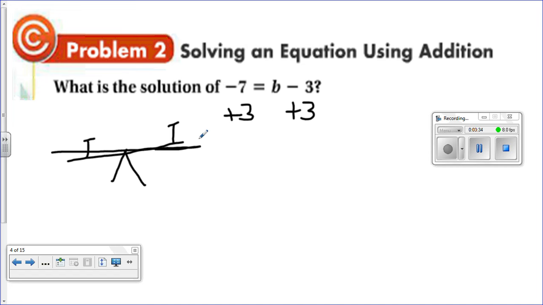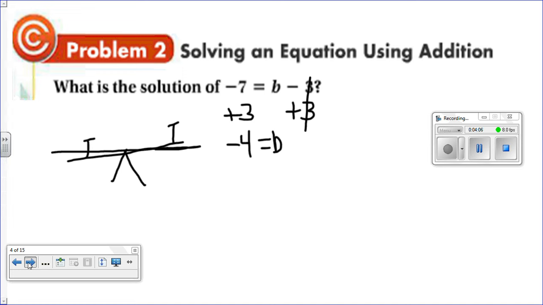And so any force you put on one side, you have to put force on the other side, or whatever weight you put on one side, you have to put the same weight on the other side to stay level. If not, it's not equal on both sides. Same thing here. The equal sign is the fulcrum right here, and it's the middle point. And so anything you do to one side, you have to do to the other. So this cancels. Negative 7 plus 3 gives us negative 4 equals b.